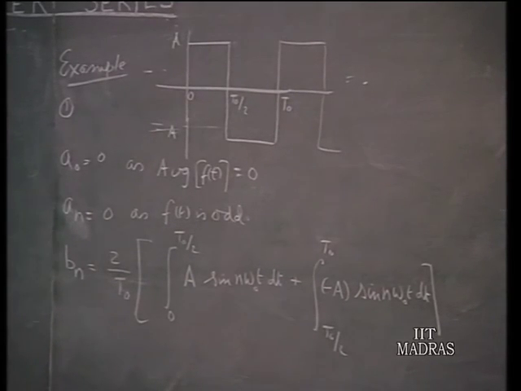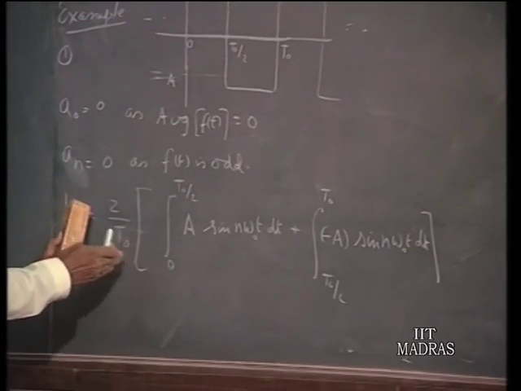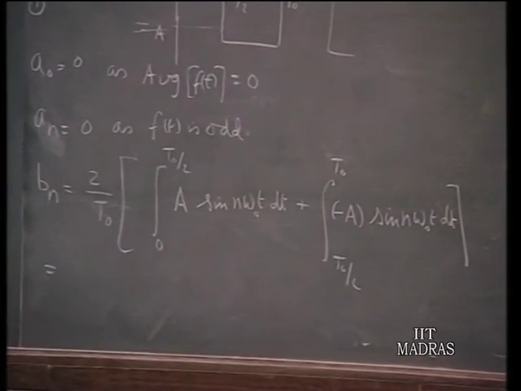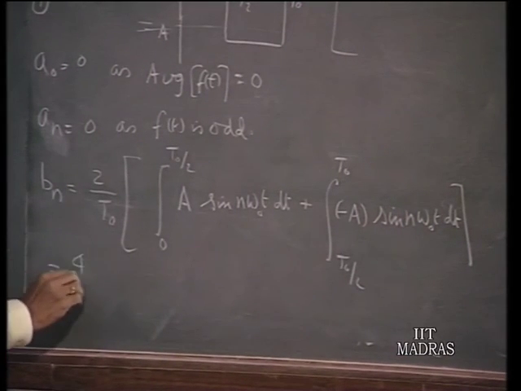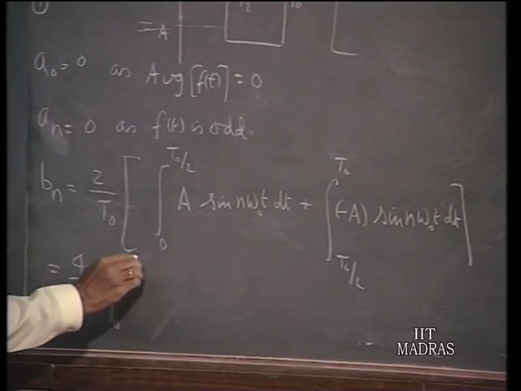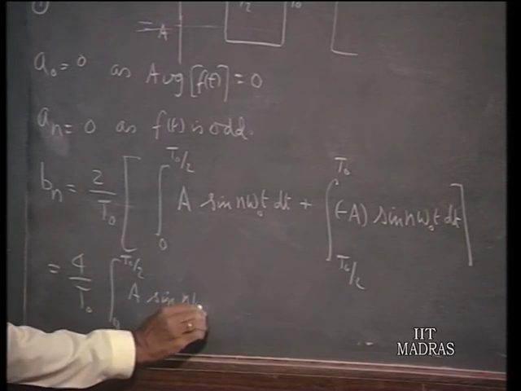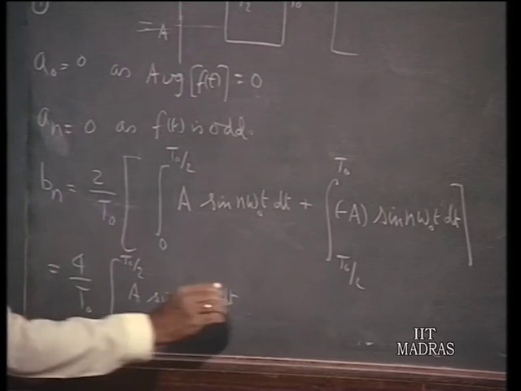Therefore, we can as well write this, for odd n, as 4 by T naught times this. Alternately, we can calculate this independently. So, we can write 4 by T naught, integral 0 to T naught upon 2 of a sin n omega naught t dt, for odd n only.